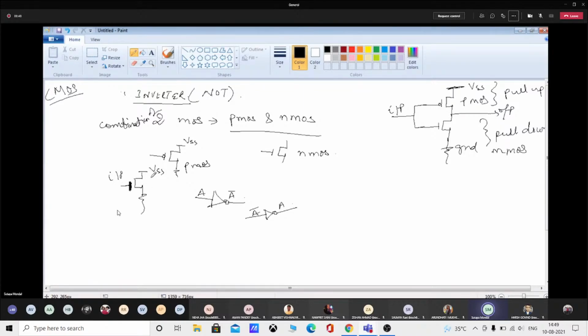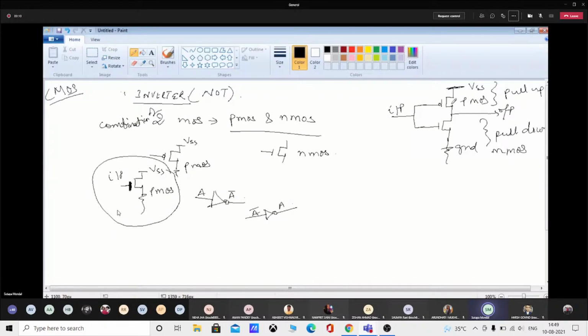This is also a PMOS. Okay, different books, different denotation. Okay, so generally we are using this one. So now the inverter, that is the NOT gate, is like this. This is the input, this is P, this is N. We are taking the output from here.